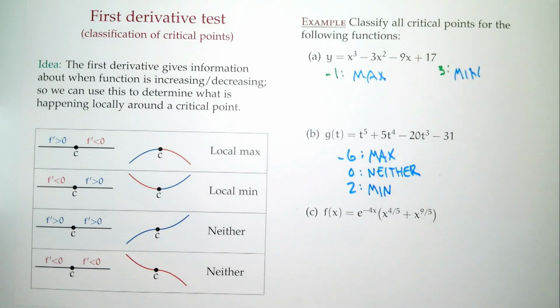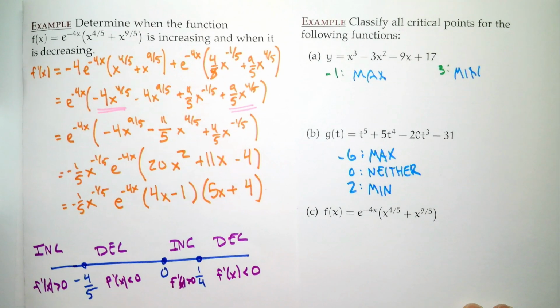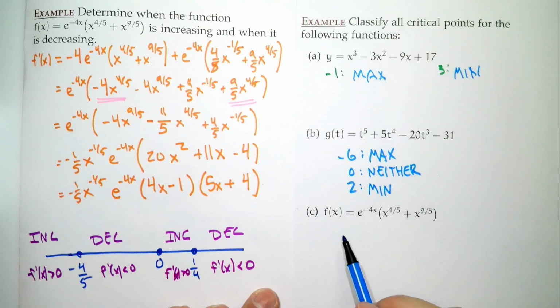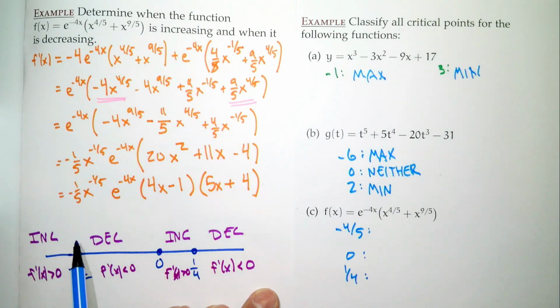All right, now the last one. f of x equals e to the negative 4x times x to the 4/5 times x plus x to the 9/5. Now, we'll have that for reference. We had 3 critical points, negative 4/5, 0, and 1/4. So let's read it off. I'm increasing, then I'm decreasing.